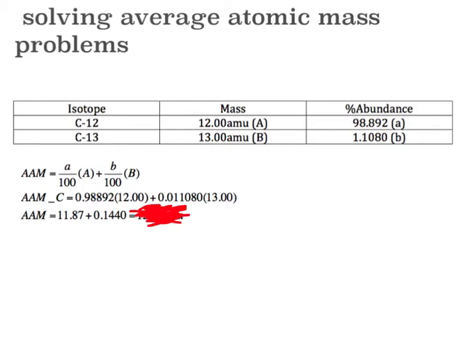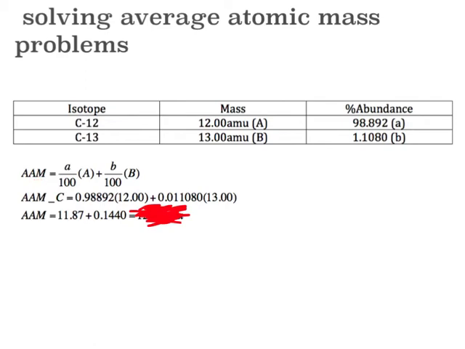Now, really quickly, how you solve these problems. You should write this down. These are the steps to solve average atomic mass problems. Step 1, you create a table. Step 2, you create an equation. Now, in this particular instance, there are 2 isotopes.